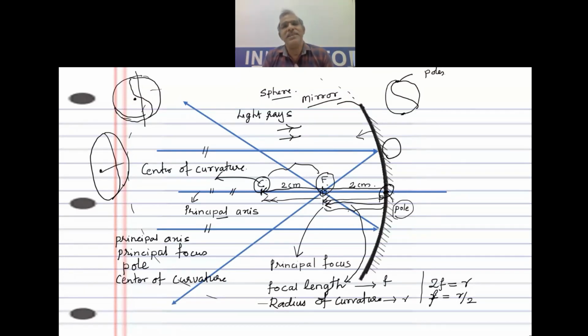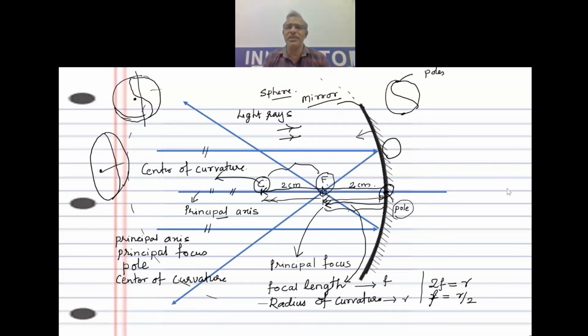Now you may ask me whether all these concave mirrors act in the same way as what I have told you. 95% like that. But it depends on how the concave mirrors are made. Generally available concave mirrors in the laboratory are not that fine. But the concave mirrors which are used in making telescopes are properly made and they converge almost 99% of light to the principal focus.